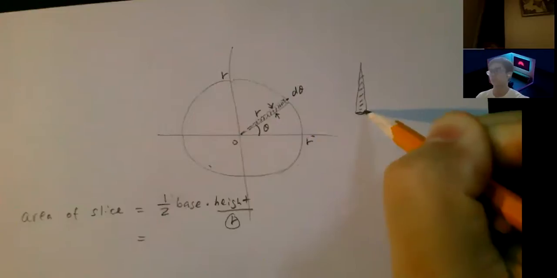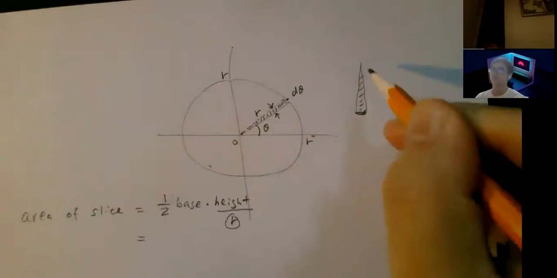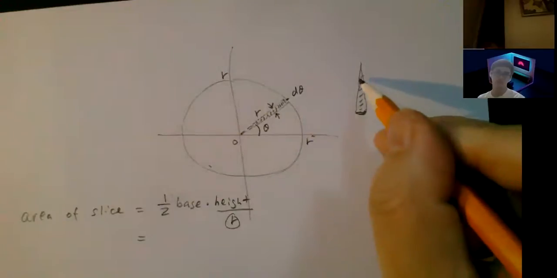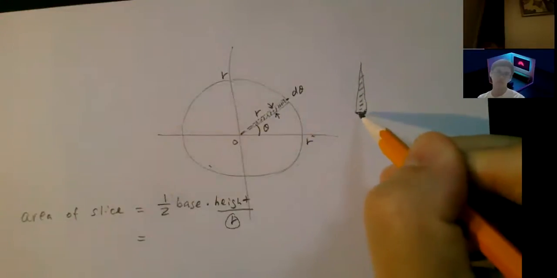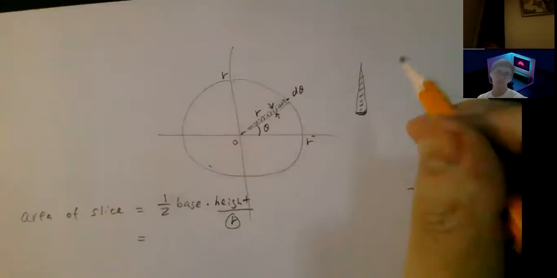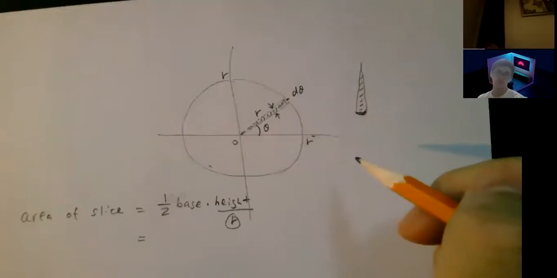I mean, not the exact triangle, but it's my piece. So looking at it as a triangle, it is 1/2 of base times height, or 1/2 this arc times height.